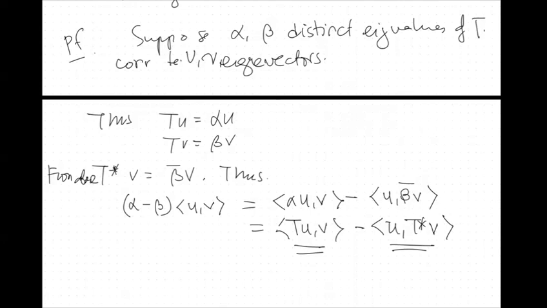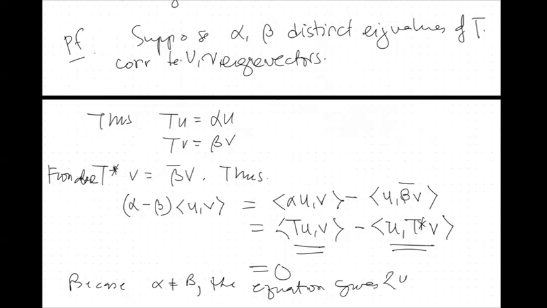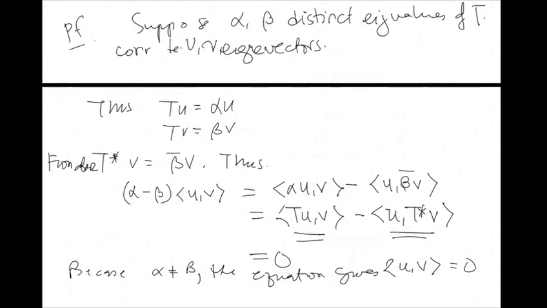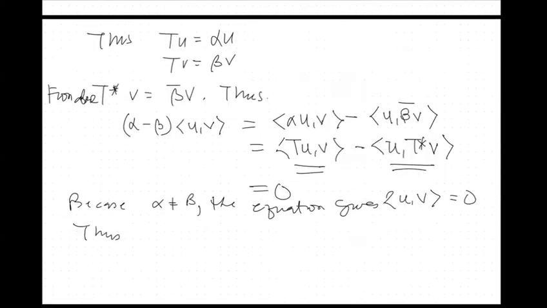And by the normality of T, we get this one is 0. Because alpha is not equal to beta, the equation above gives <u, v> equal to 0. Thus, u and v are orthogonal since their inner product is 0.